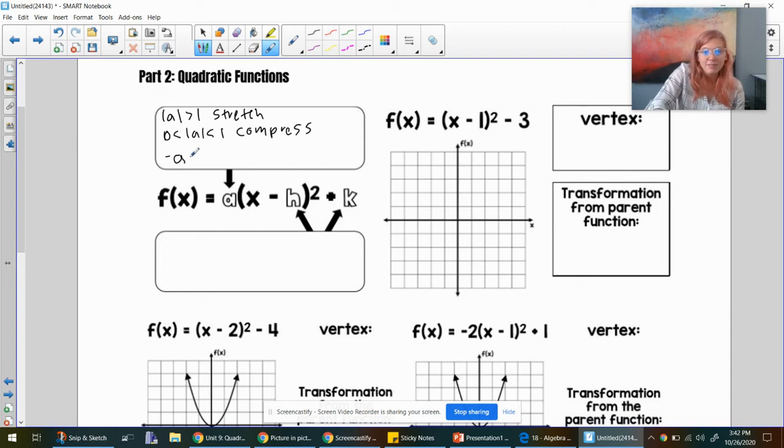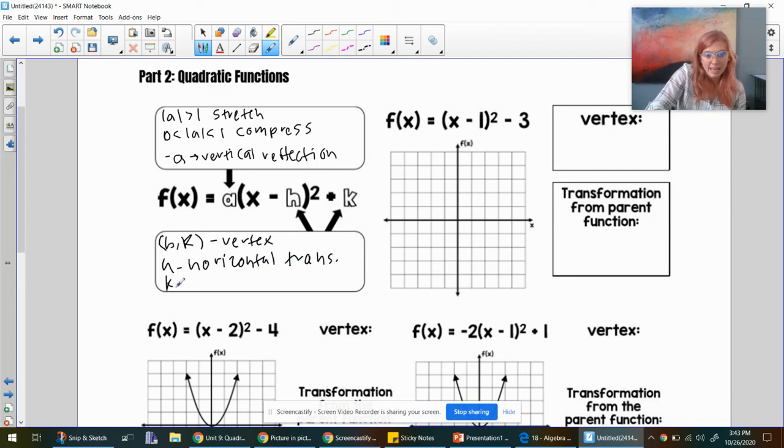And if a is negative, it's a vertical reflection. h and k, again, are the vertex. Again, h represents the horizontal transformation and k represents the vertical transformation.